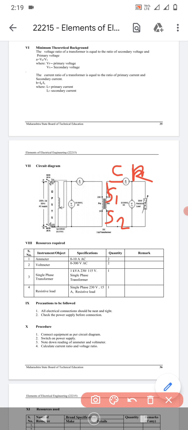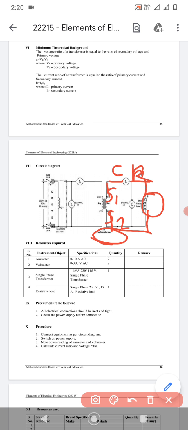Then the range terminal of this ammeter is connected to the first terminal of this load. Then the second terminal of this load is connected to S2, the second terminal of the secondary winding of the single phase transformer.